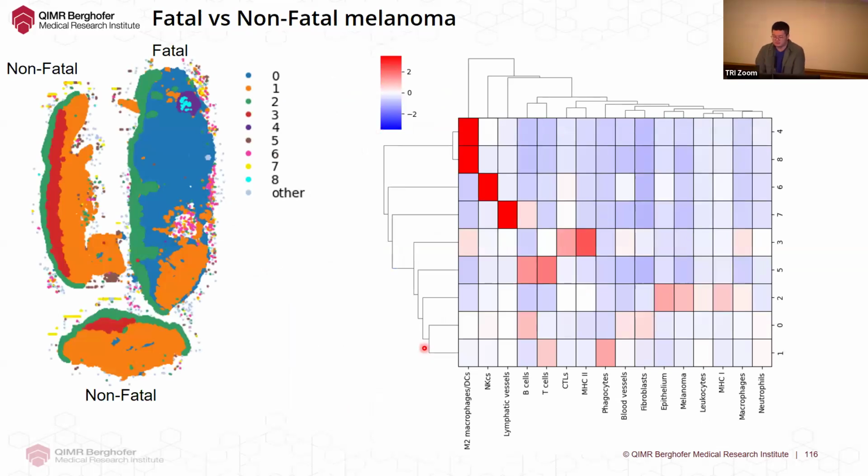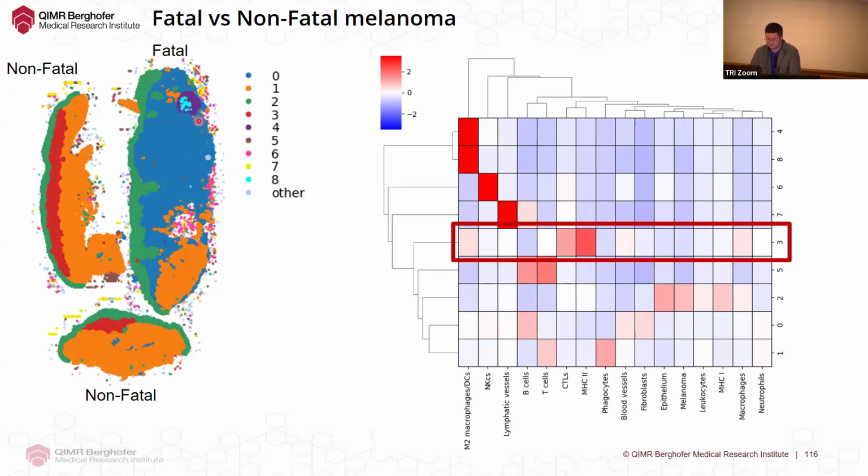We can apply a similar approach to compare the non-fatal and fatal samples. In this slide, we have 2 non-fatal samples and 1 fatal sample. We can see there is 1 community that stands out in the non-fatal samples, which is community 3, enriched with MHC class 2 signals.